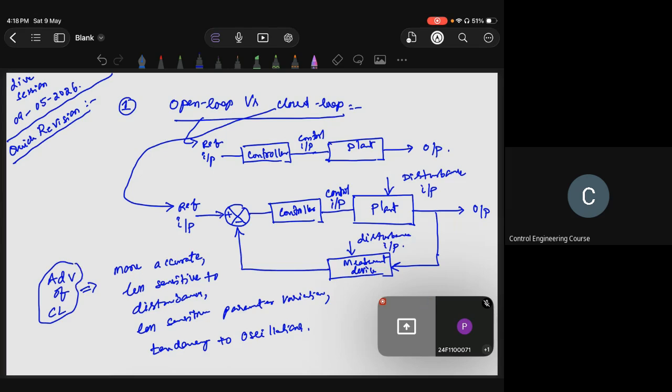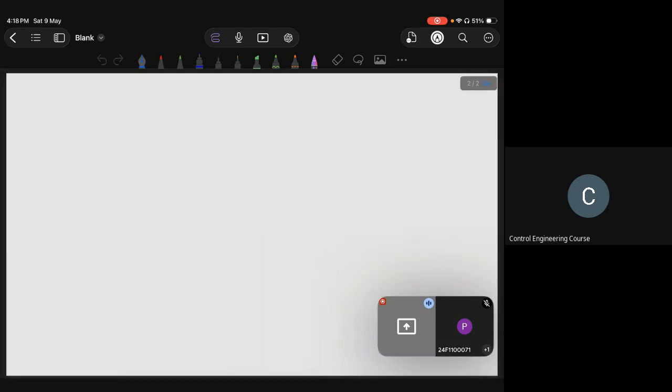So this is the first topic in any control system course. Then we have the important topic called linearity. So what is linearity? We can define it with respect to a function.